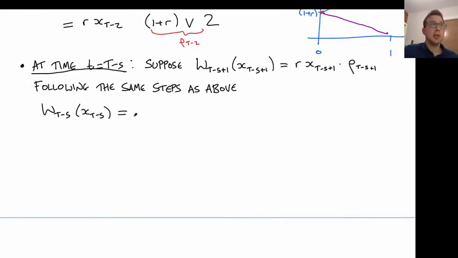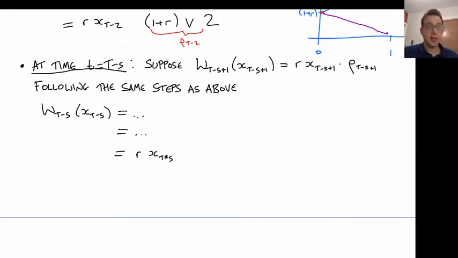I'm not going to do all the calculations, but imagine I've done the substitution and applied the plant equation, and you can check for yourself at home that we arrive at an expression of the following form.